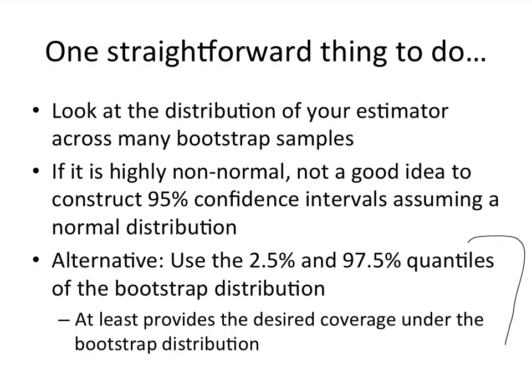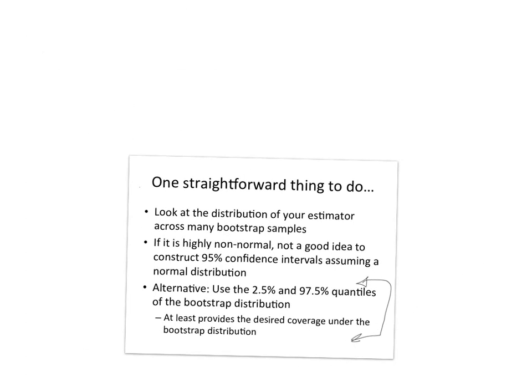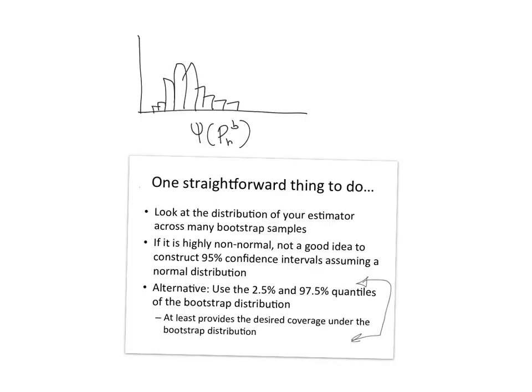Yeah, I just talked about this. Again, it's not a bad thing to do, because you get a sampling distribution back. I can draw a histogram of all my estimates. So this is like theta P and B. If I do 1,000 of them, I can make a histogram of where they are and take the two quantiles, 2.5 and 97.5.